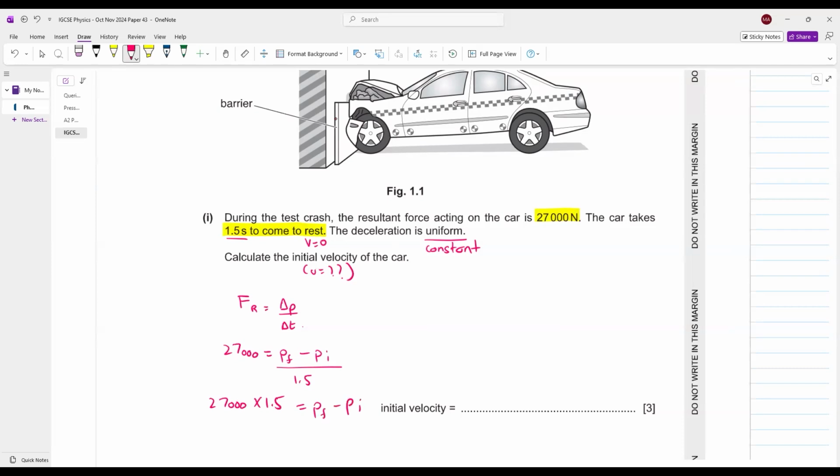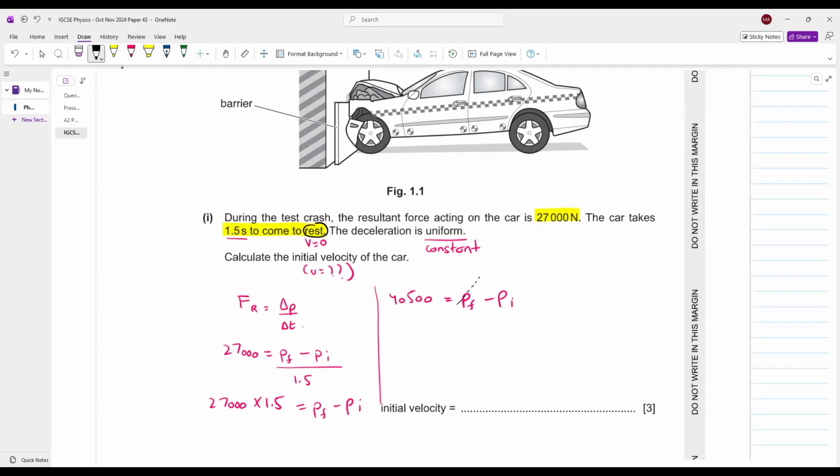Can you calculate this? 27,000 into 1.5. This comes out to be what? 40,500 is equal to your final momentum minus initial momentum. Now can you realize that the final velocity is 0? Why? Because you are coming to rest.